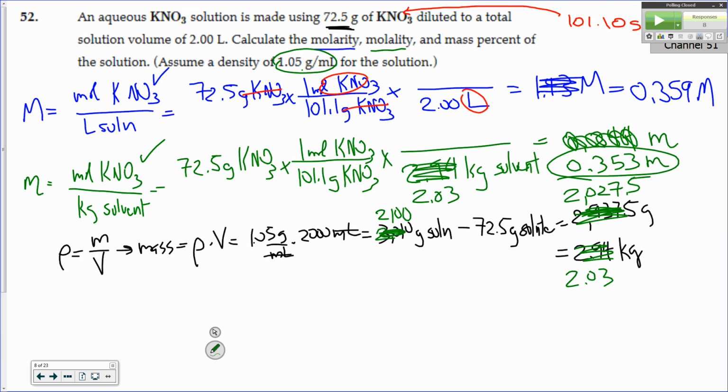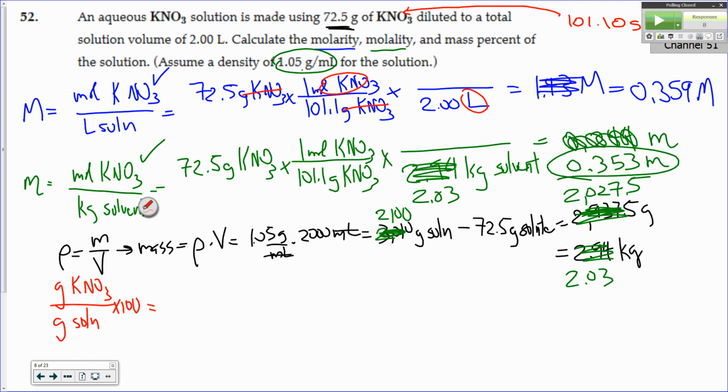Okay. All right, the last one asks mass percent. So what is the mass percent? The mass percent would be the grams of the solute divided by grams of the solution, and then times 100.